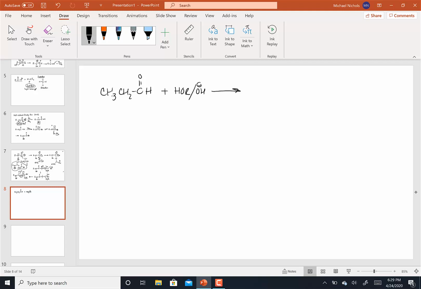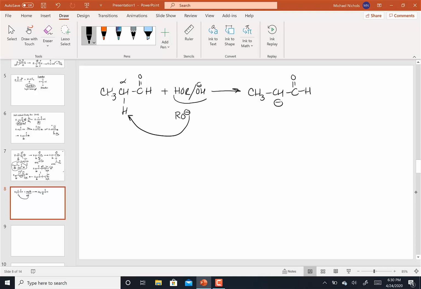Remember, the mixture of the alcohol and the hydroxide from last time produces some alkoxide, and that alkoxide is going to deprotonate the alpha hydrogen of the aldehyde in this case to form an enolate. And we're going to keep the negative charge on the carbon because that's what we're going to react.